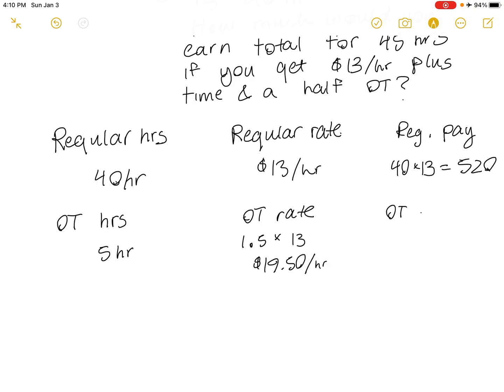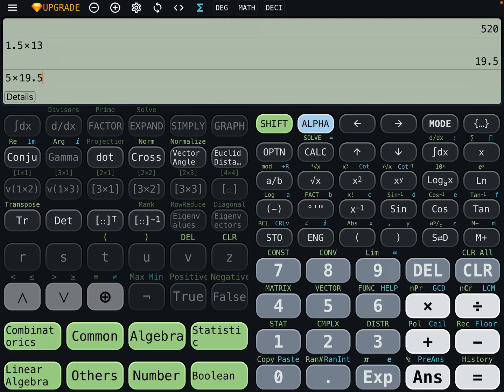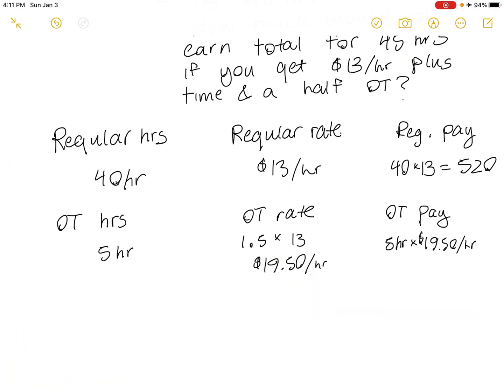Okay, so the OT pay is going to be 5 hours times $19.50 per hour. So 5 times $19.50 is $97.50. Okay, what's your total?